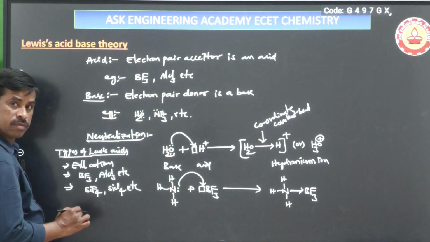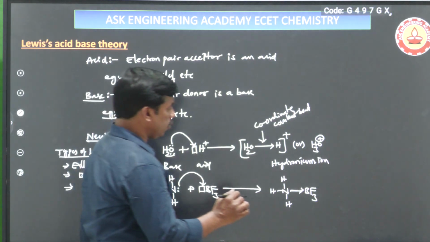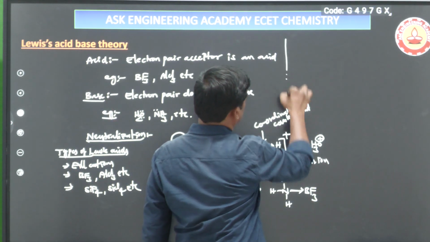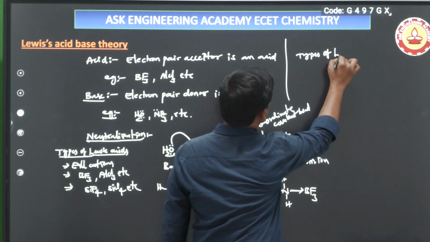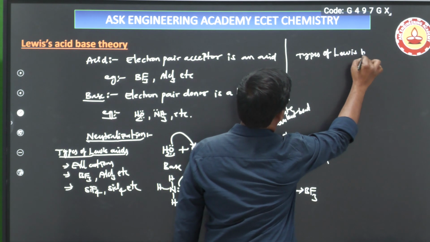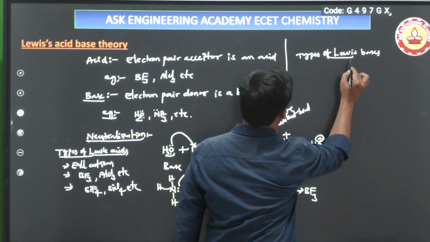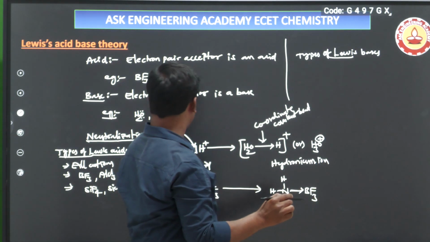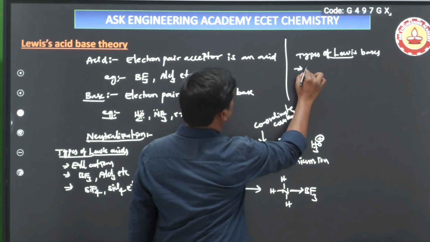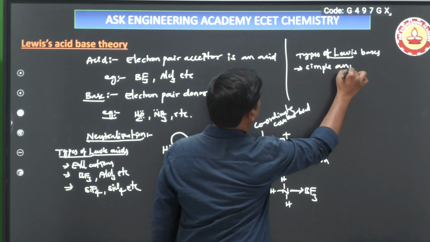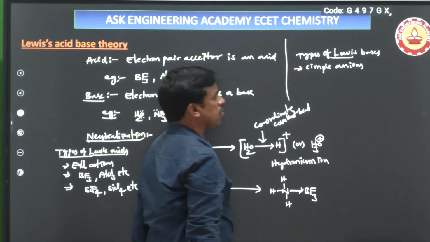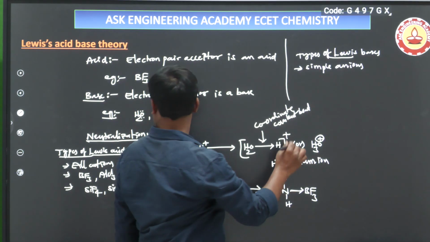Next we have the types of Lewis bases. Here I am writing: types of Lewis bases. Simple anions are treated as what? Lewis bases.